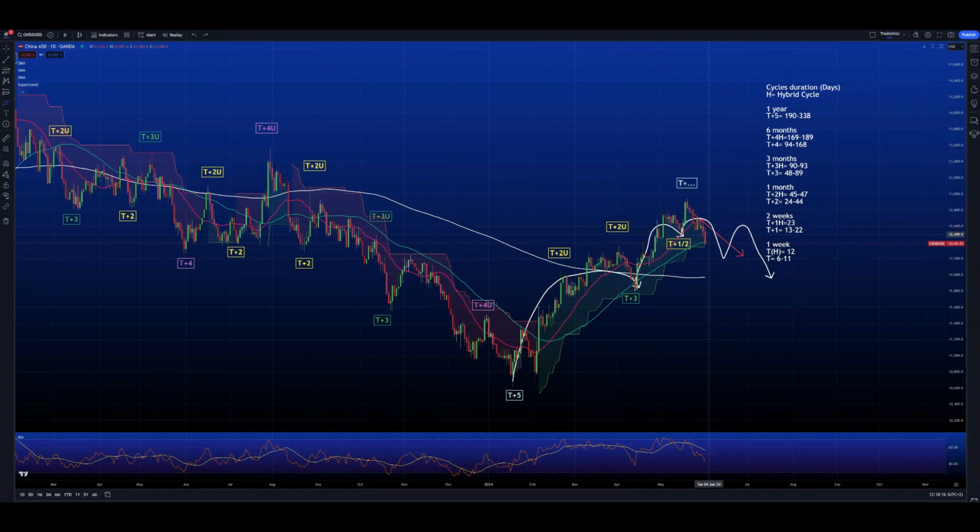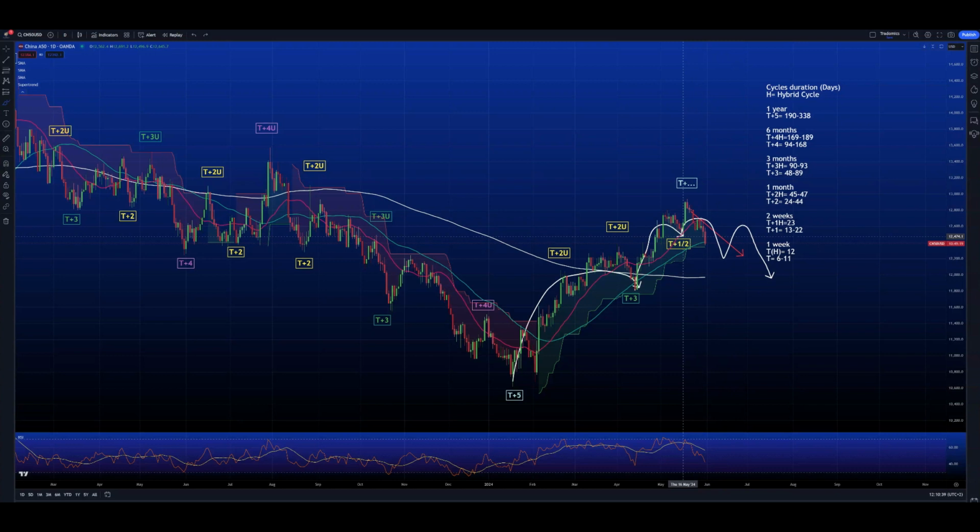So be careful now for the following days and weeks regarding long positions, because we have already some evidence that from here we're going to have a T plus 4 or a T plus 5. Therefore, the downside trend will be predominant.